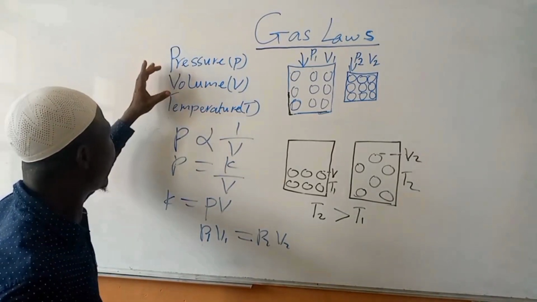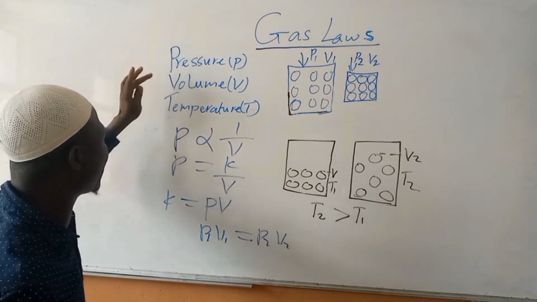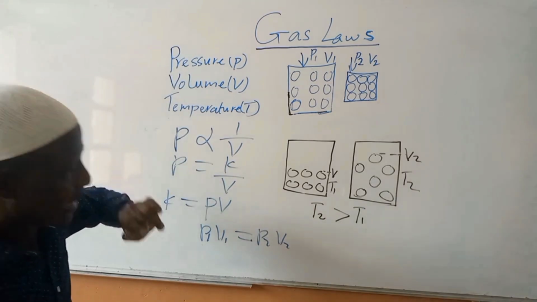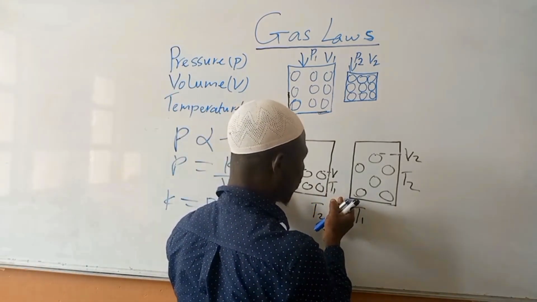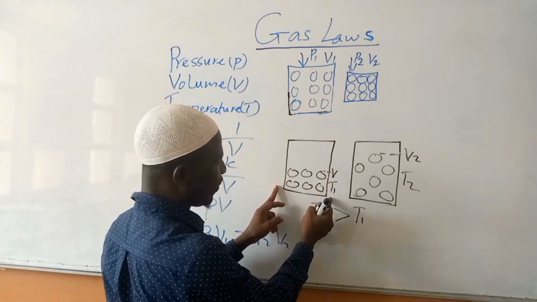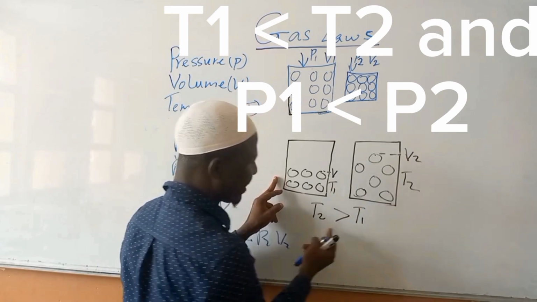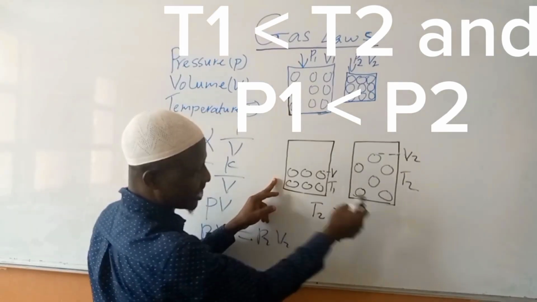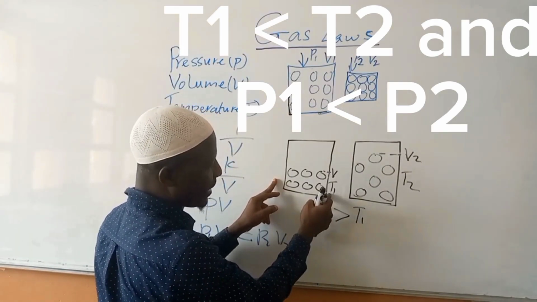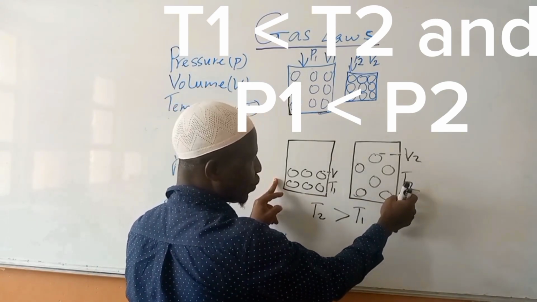Now let's relate pressure and temperature together. Let's use this diagram. If you look at this diagram, you see that here the temperature is low, T1, and T2 is greater than T1. So the temperature here is less than T2.